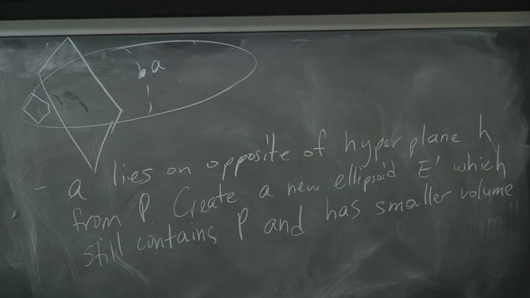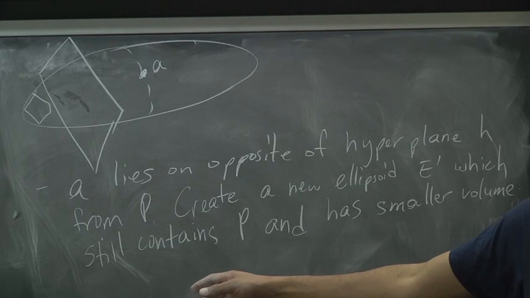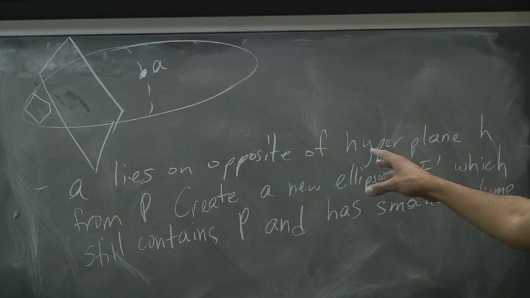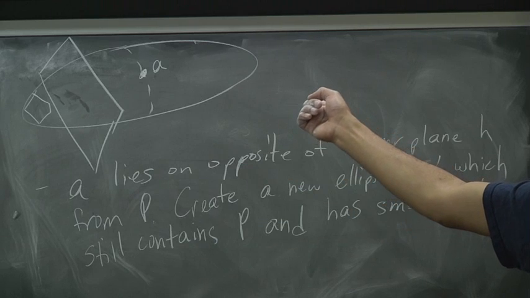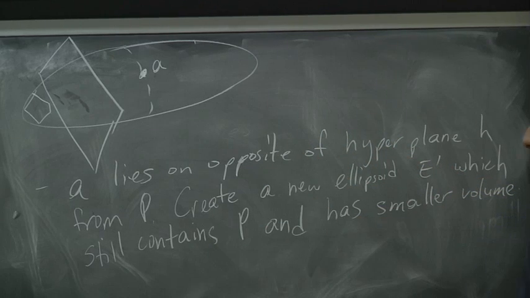And this is the place where ellipsoid doesn't really need to have the LP explicitly. It just needs an oracle which can tell it this hyperplane.